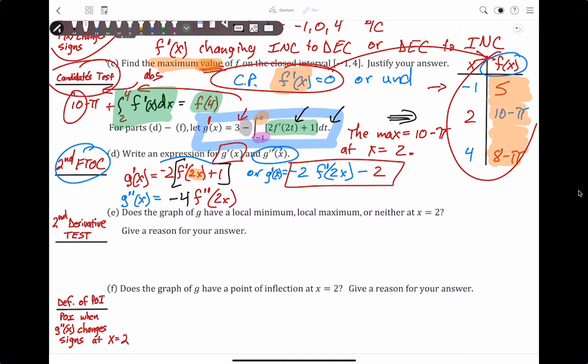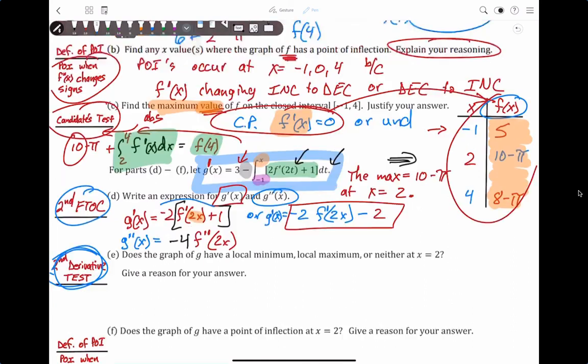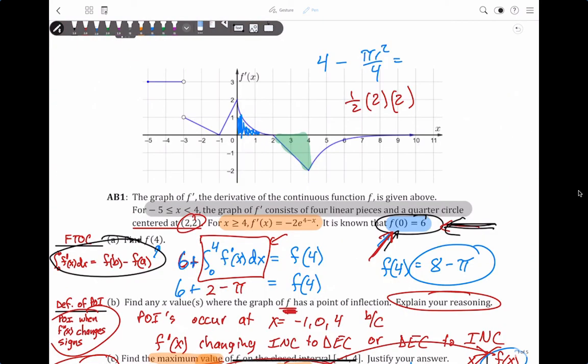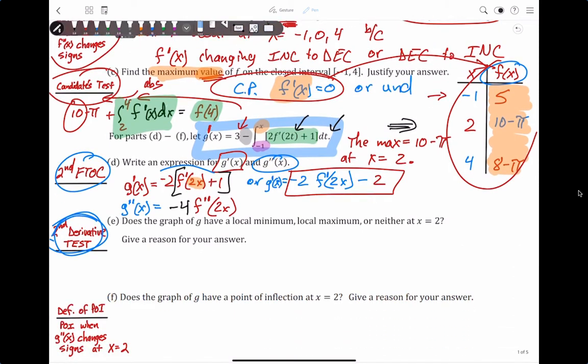So part E, it says, does the graph of G have a local maximum, minimum, or neither at x equal to 2? Guys, guess what? It's been a while, we finally get to use the second derivative test. Otherwise, if you're looking at f prime and you try to include test points, this one actually is a little bit more difficult than if you just go straight to the second derivative test.